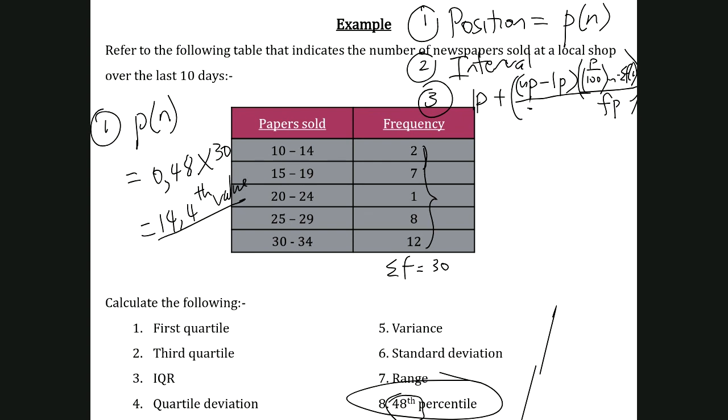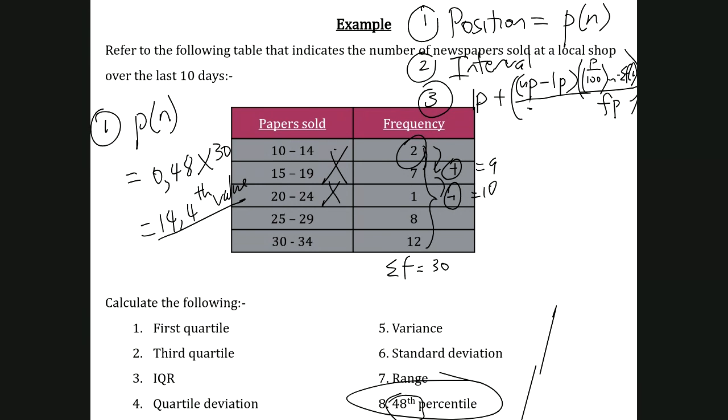Once you know the position you're looking for, look at your frequencies. The 2 tells you that so far in the first interval there are 2 values. Then you add on the 7, telling you that so far in the first 2 intervals there are 9 values, so definitely not the first 2 intervals. Then when you add on the 1, there are so far 10 values, again not the next interval.